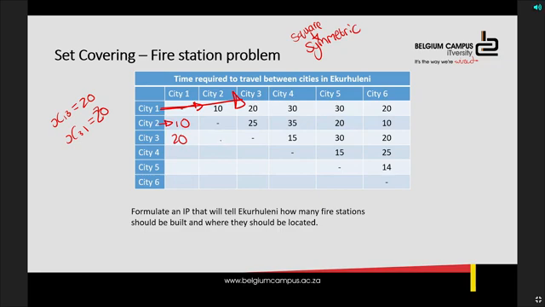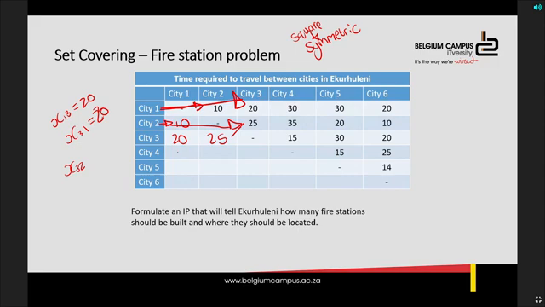What about city 3, 2? Sorry, x3,2. What would 3,2 be? Good. So we check 2,3. That's a 25. So 3,2 must also be 25. So you're basically filling it in like this.